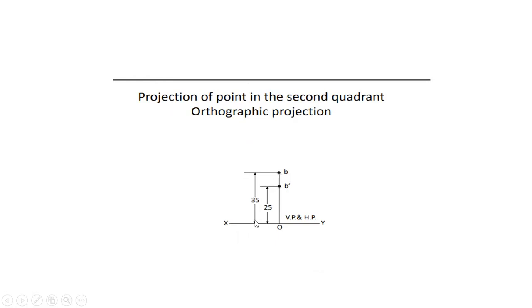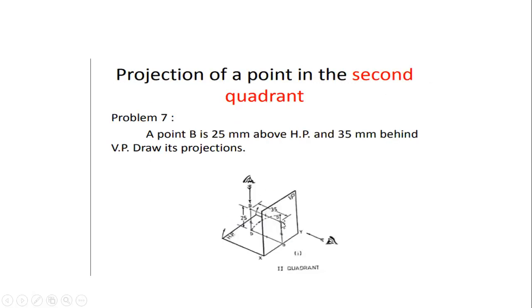Now the point B is located 35 mm behind the vertical plane. Referring to the previous pictorial representation, the point B is located 35 mm behind the vertical plane. So view the point B from the top. The point B is projected on the horizontal plane. The top view will be lying on the horizontal plane and the front view is positioned on the vertical plane.